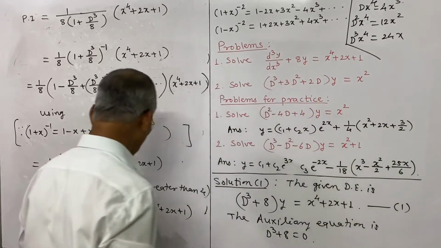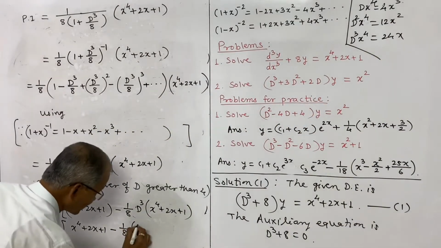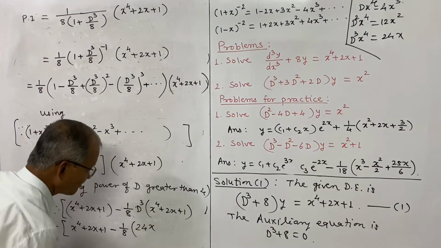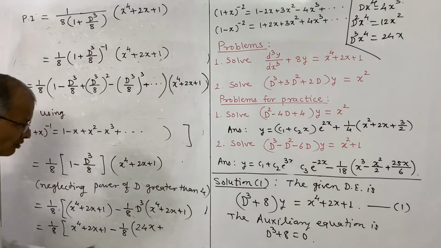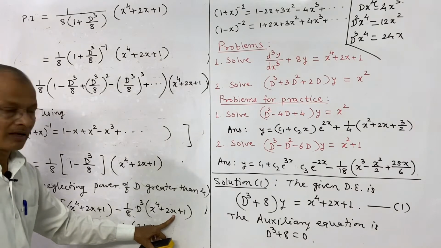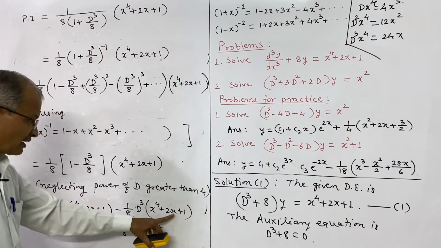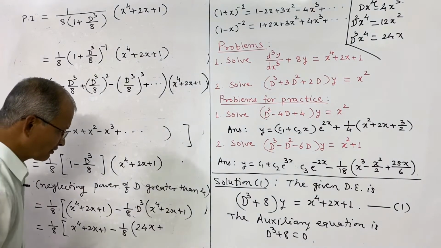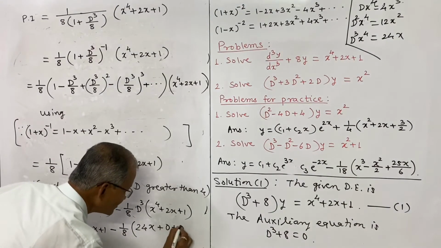So d cube of x power 4 is 24x, and now what is d cube operated on x? The third derivative of x will be 0. The first derivative of x is 1, the second derivative is 0, therefore the third derivative of 2x is 0, and this is also 0.